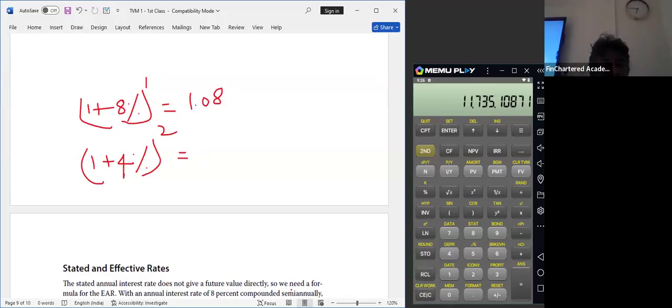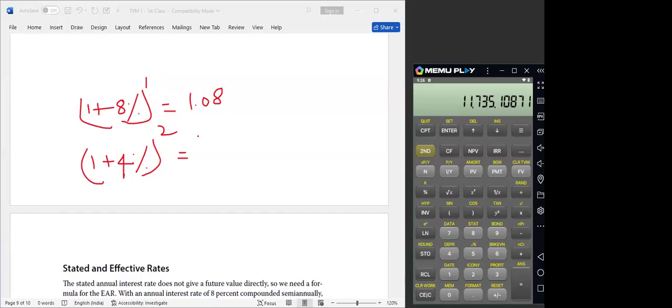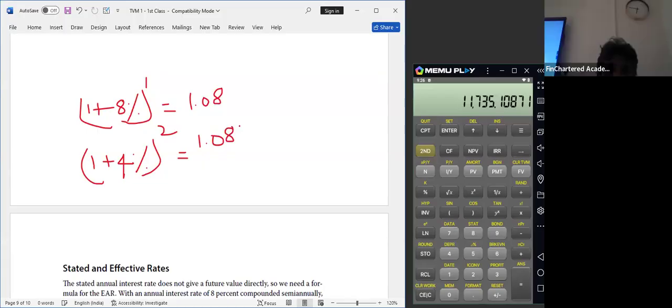What is this one going to be? Yes, 1.0816, right?